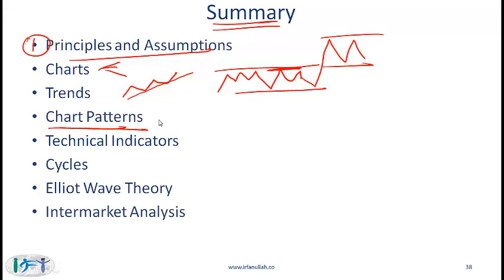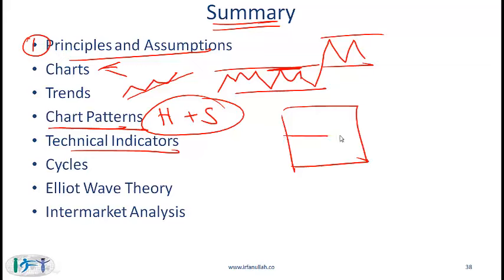The most important reversal pattern is the head and shoulders pattern. Then we talked about 4 kinds of technical indicators that you need to be on top of. We have price based, and then momentum oscillators, which are also based on price but are a little more sophisticated. Then we talked about sentiment based indicators and flow of funds based indicators.